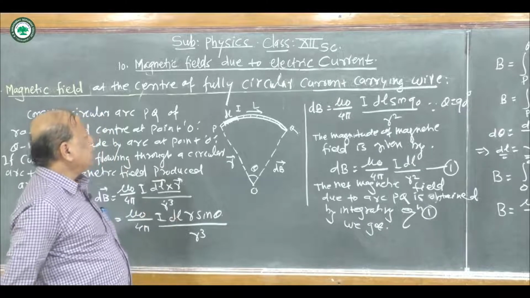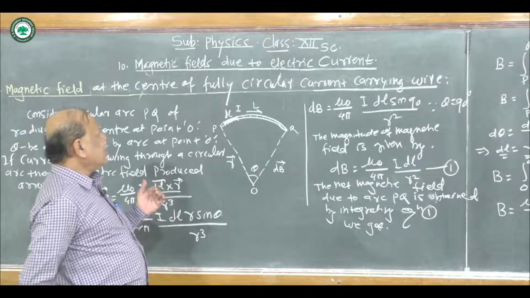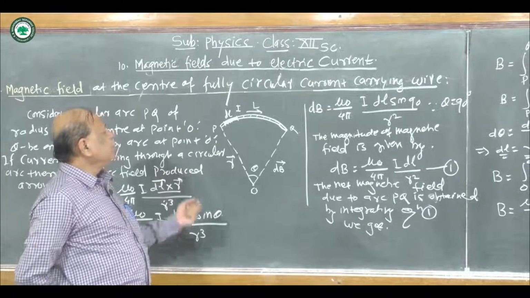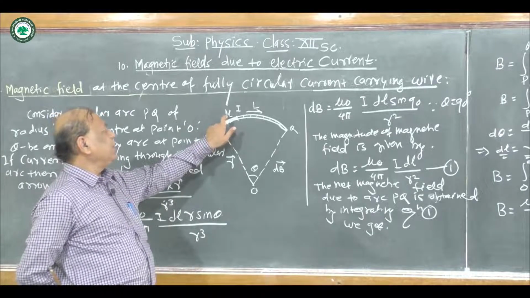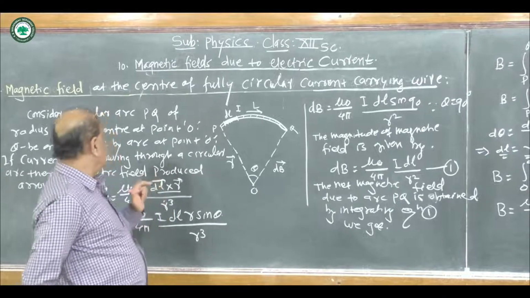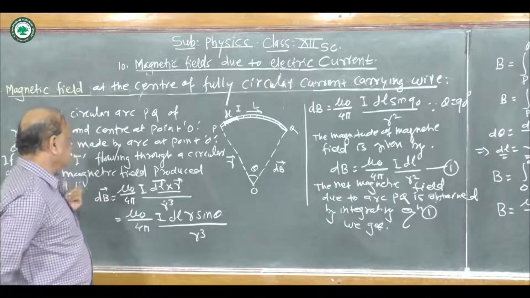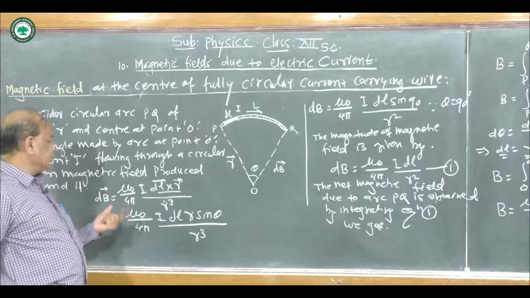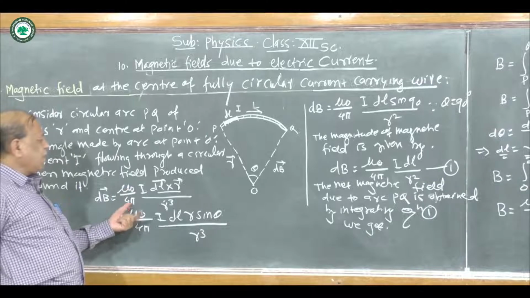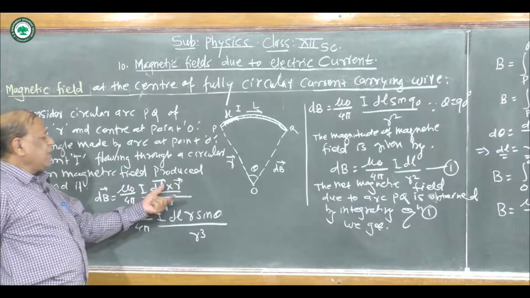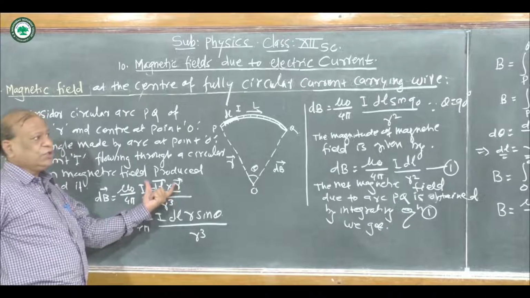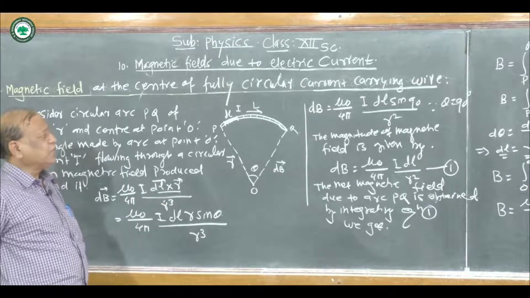According to the Biot-Savart law, the magnetic field dB due to this small element dl at a distance r is given by dB vector is equal to mu 0 upon 4 pi, I dl vector cross r vector. This is the vector product which gives the direction of the magnetic field.